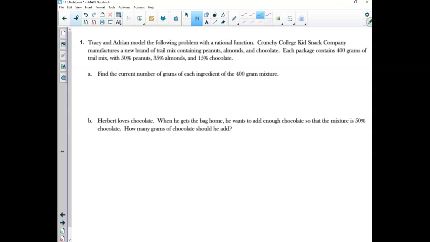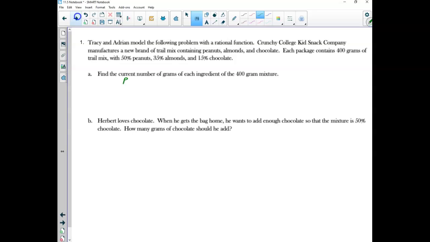Crunchy Kid Snack Mix Company manufactures a brand of trail mix containing peanuts, almonds, and chocolate. Each package contains a total of 400 grams of trail mix with 50% peanuts, 35% almonds, and 15% chocolate. Find the current number of grams of each ingredient of the 400 gram mixture.